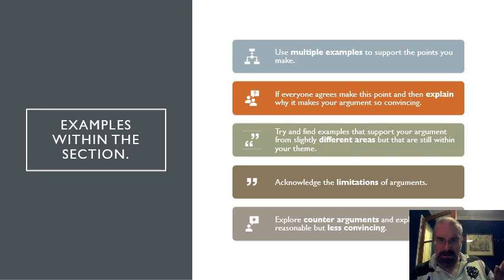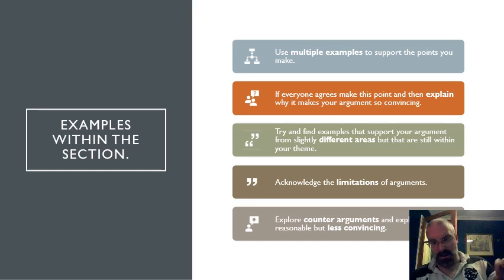The other thing that you need to do is acknowledge the limitations of arguments, and this isn't something you should be afraid of doing. You can point out how everyone thinks this one thing, or lots of people have got a very similar idea as to what caused the war or what causes violence in young offenders.